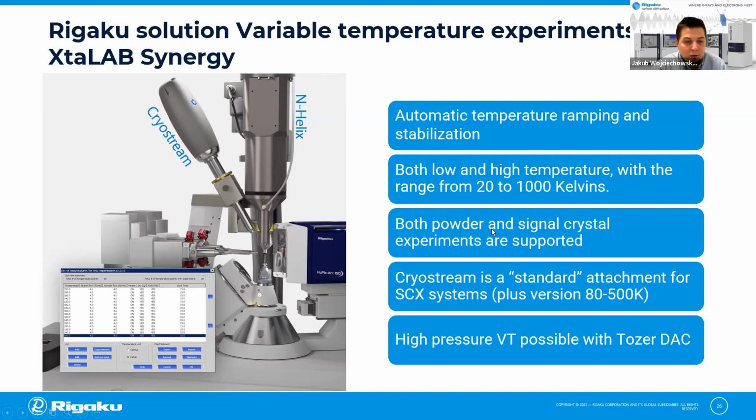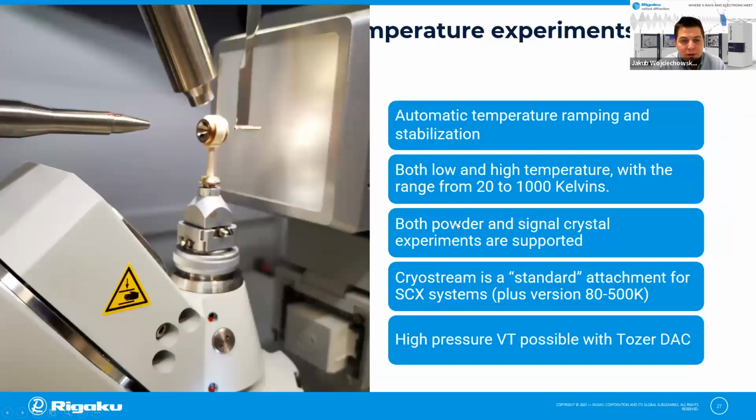And I just want to mention that if you really want to push a little more, you can equip our system with a sample holder called TOPIQ, which fits under the cryo, and you can even do high pressure with variable temperature on your MOFs. So some unique features for a single crystal instrument.